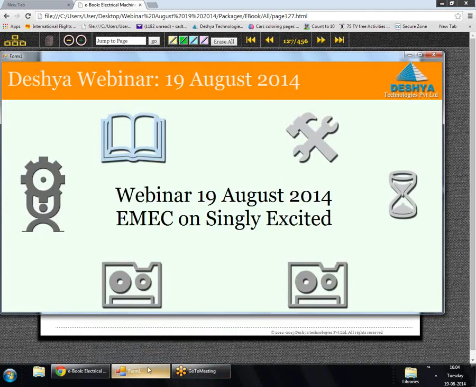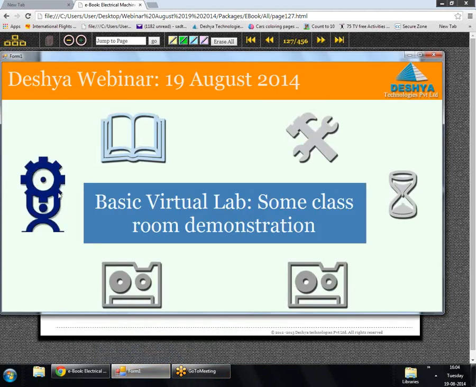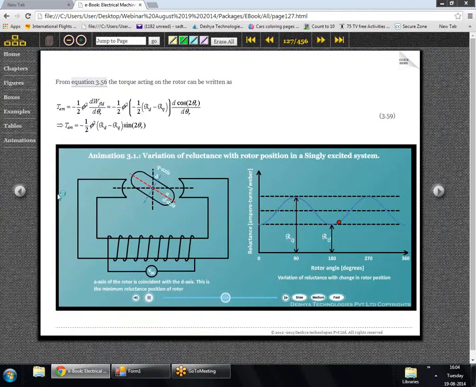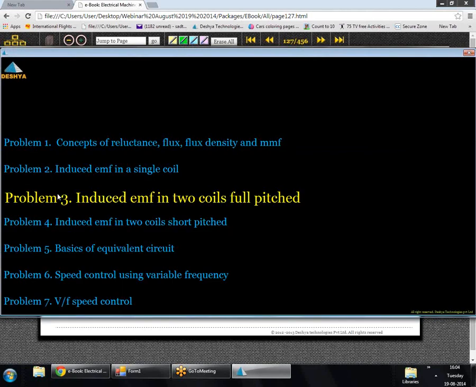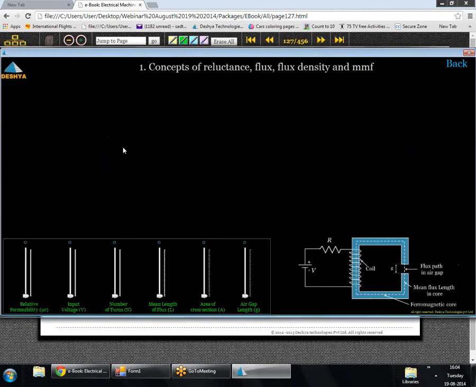What we do now is work with something known as the basic virtual lab. These are some of the exercises that we have created, and the first problem explains the principles of flux linkage and so on.